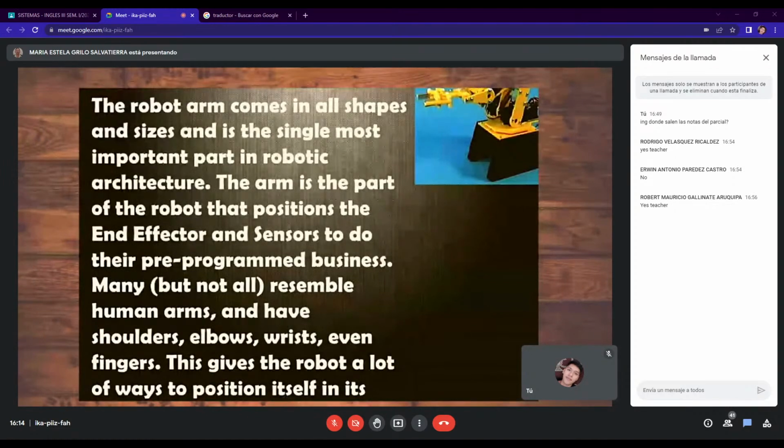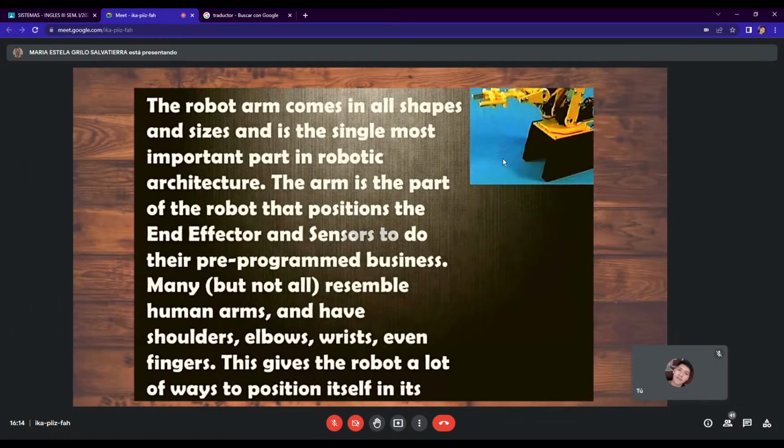The elbows, what are the shoulders? Hombros. Okay, the elbows. Codos. And wrists. Okay, even they say fingers.